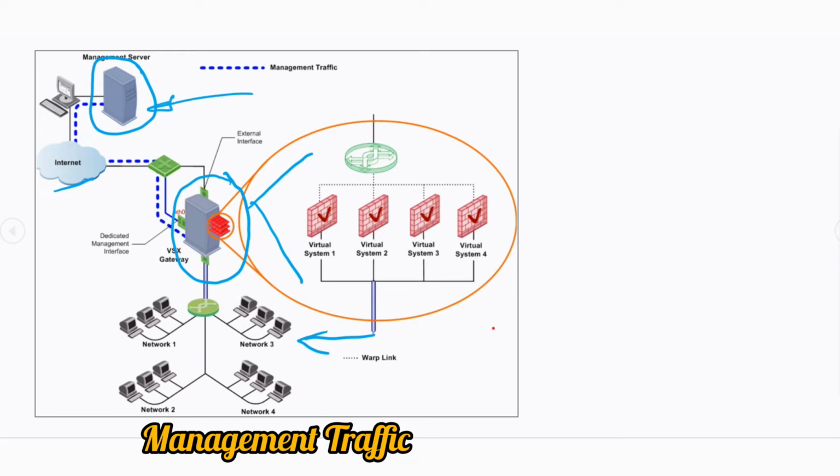The communication travels via the internet router to the VSX gateway. The VSX gateway gives the instruction to the particular virtual system if it's required to communicate with these virtual systems, and from this virtual system we do whatever basic configuration we require. Likewise, we can give instructions to the virtual routers and virtual switch as well. So this is the flow of traffic if you want to communicate via the management server, if the management server is at a remote site.